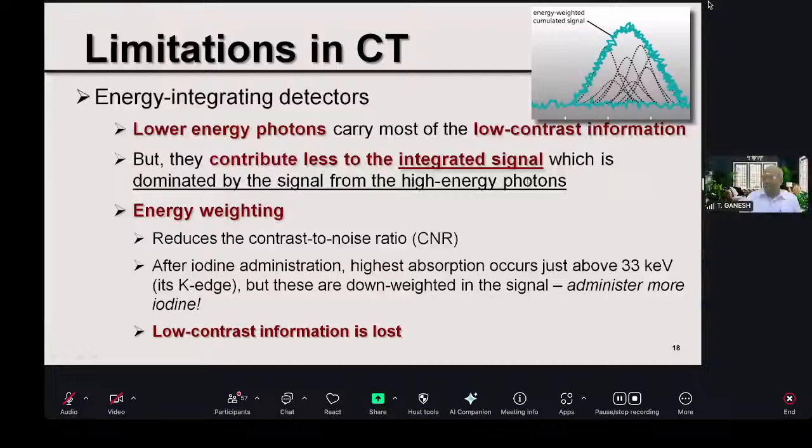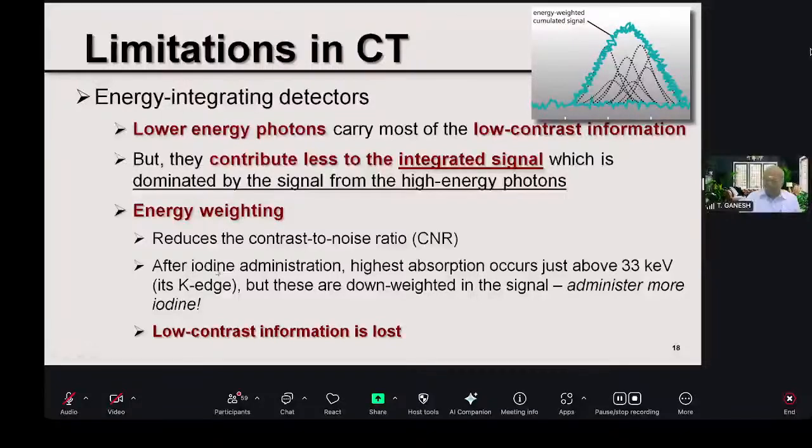So these high energy photons suppress these low energy photons. The signal coming from the low energy photons gets buried in the light of these high energy photons. So it leads to energy weighting. By default, it leads to energy weighting.